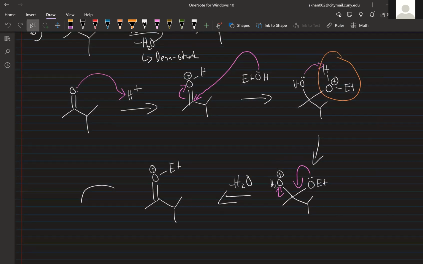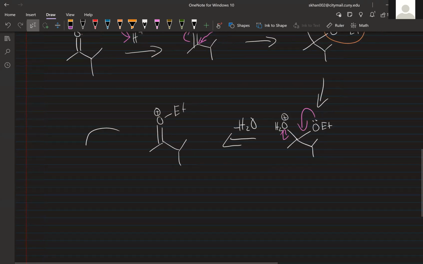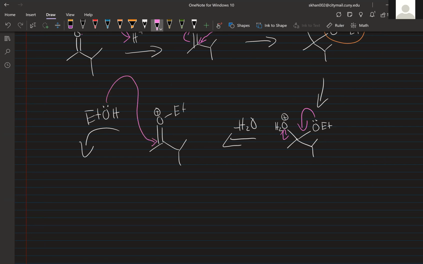Well, not the protonation step, obviously, but your nucleophilic attack and your deprotonation of that group. So once again, EtOH comes in. Now we have 2 bonds here. Just make sure you bonded it correctly and leave it like that.